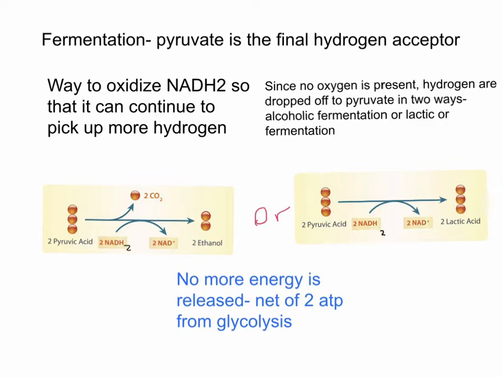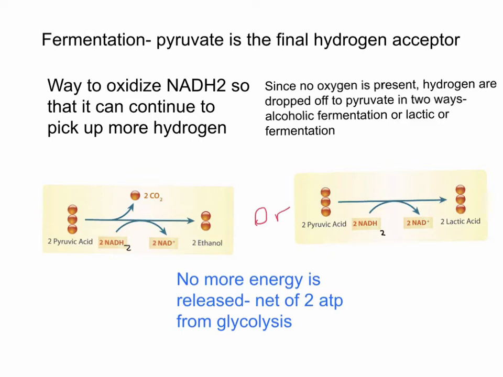After glycolysis, pyruvic acid may be converted into one of 2 options, depending on the organism. Yeast do what's called alcoholic fermentation. You take your pyruvic acid, and NADH2 comes in and drops off those hydrogens to become NAD, which can then go back and pick up more hydrogen.